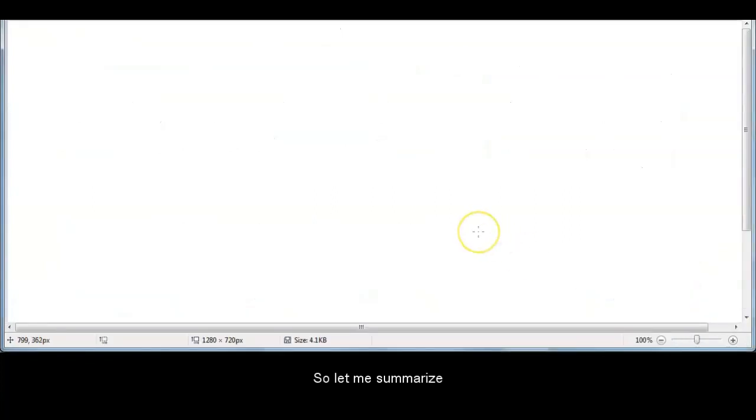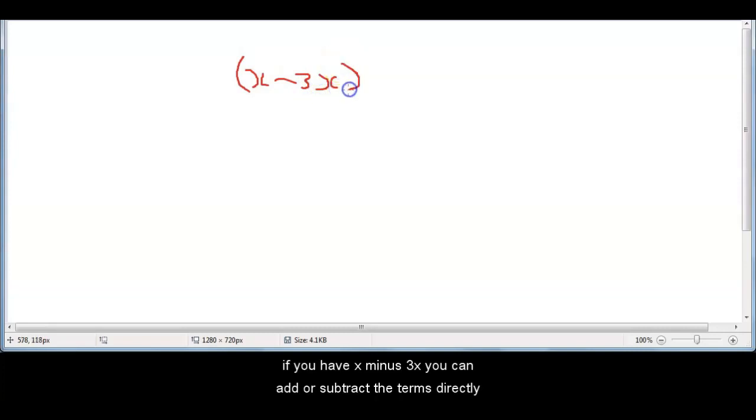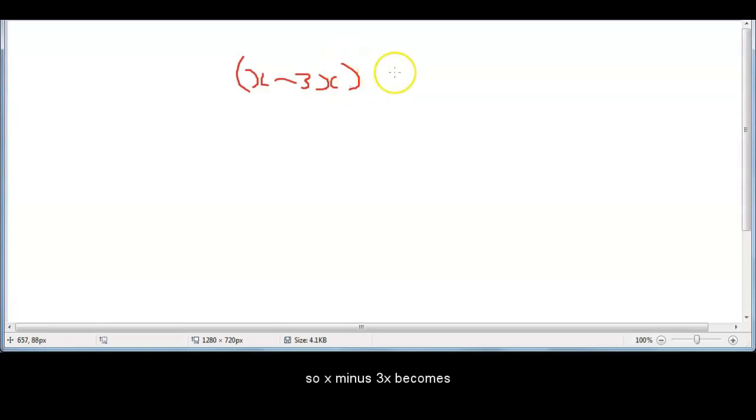So let me summarize. If you have like terms inside a bracket, say x minus 3x, you can add or subtract the terms directly. So x minus 3x becomes minus 2x.